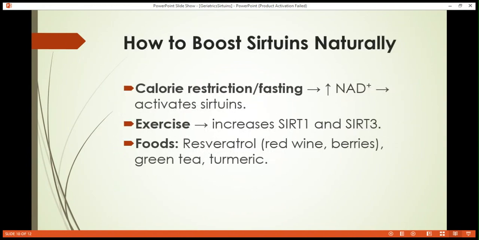So how do you boost the Sirtuins naturally in the body? These Sirtuins, as we said, are activated by fasting. So one of the ways they can be boosted is by fasting or restricting calorie intake, which activates these Sirtuins.